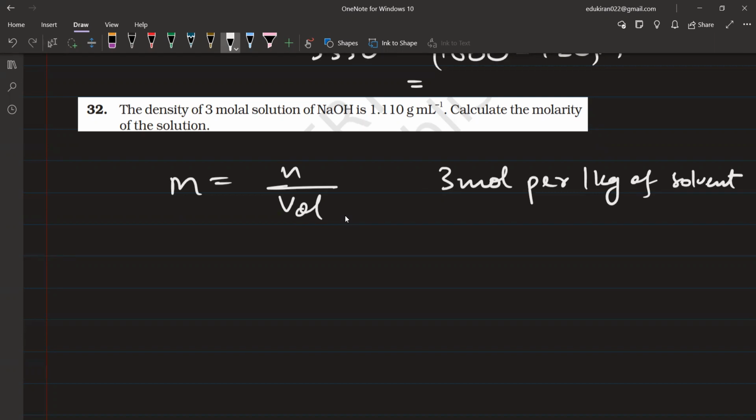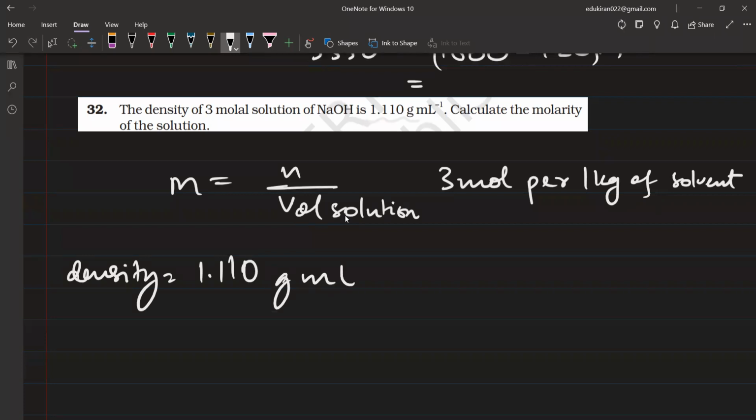Okay. Now the density of 3 mole solution of NaOH is this much. Calculate the molarity of the solution. 3 moles per 1 kg of the solvent. And here we have the volume of solution. Okay. Density of solution. चलिए ठीक है, 1.11 grams per ml.